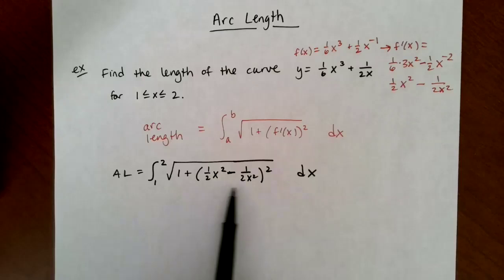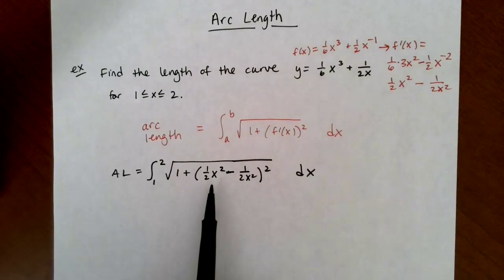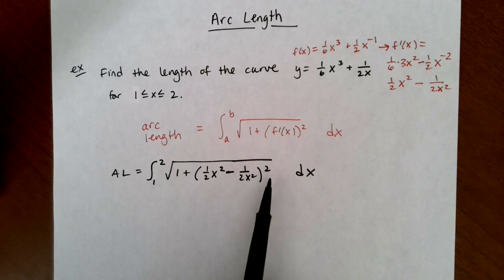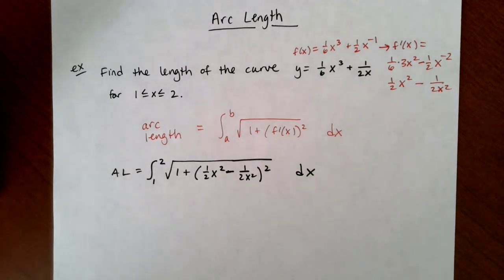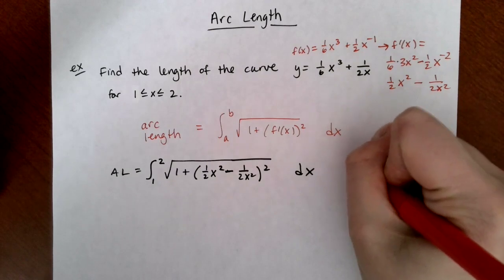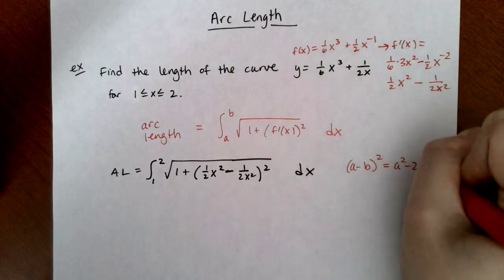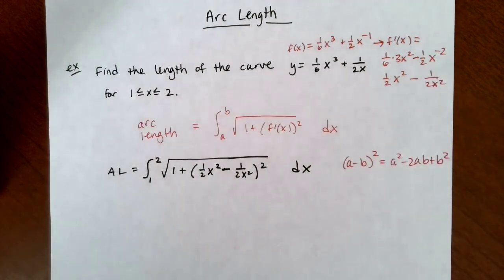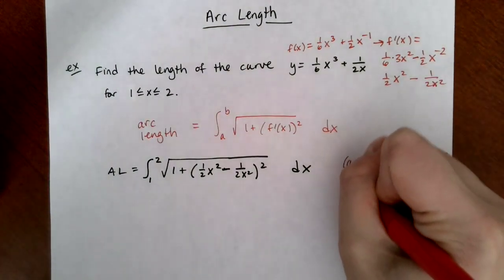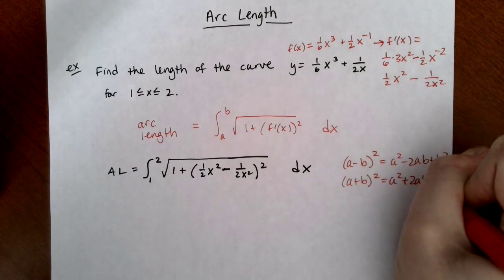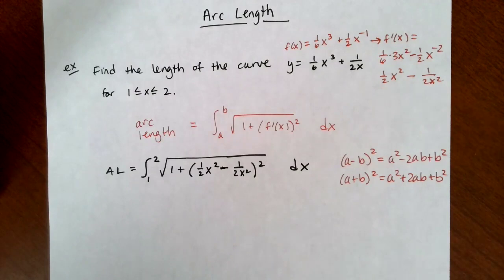Okay, so we'll start by actually multiplying out 1/2 x squared minus 1 over 2x squared, squared. And we do have a shortcut. If you have a minus b squared, that's always a squared minus 2ab plus b squared. And if it's a plus, which we'll need later, it's the same formula, but all three terms are positive.